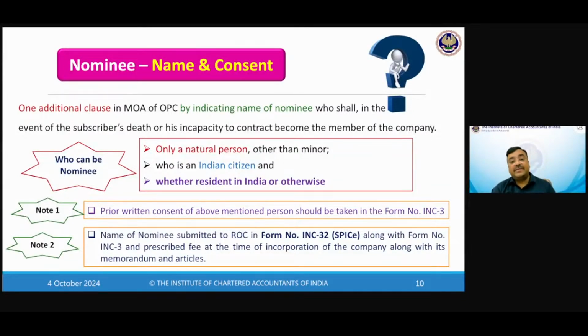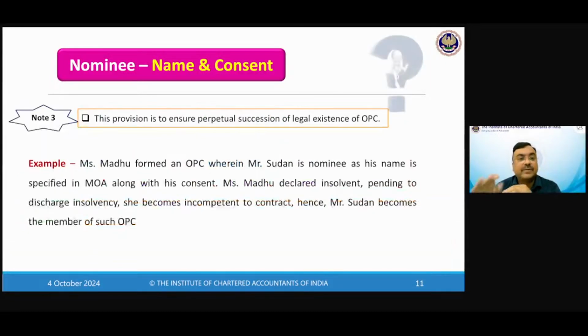But prior consent should be there. Regarding the qualification of the nominee, because the nominee should be a member, he should have the qualifications which are required for a member. So it should be a natural person capable to enter into a contract. He should be an Indian citizen, resident in India or not, right?